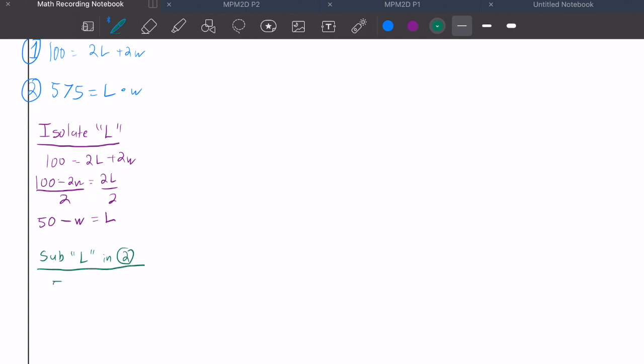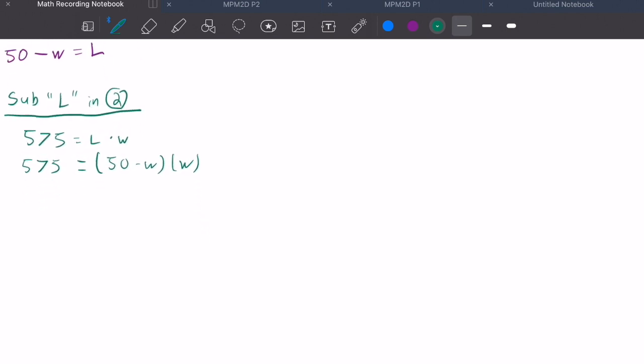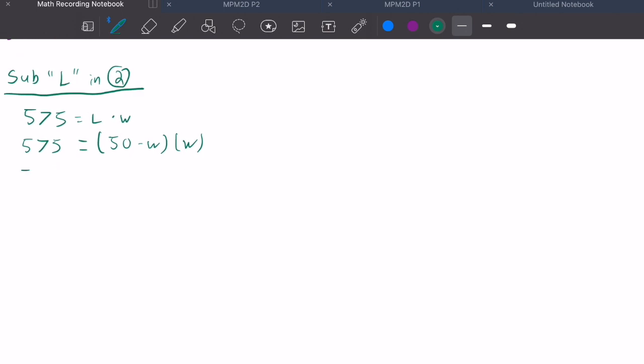Our original equation was 575 equals L times W. So once we sub in L, we get 575 equals bracket 50 minus W, and we're still multiplying it by W. When we multiply this out, what we get is 50W minus W squared.